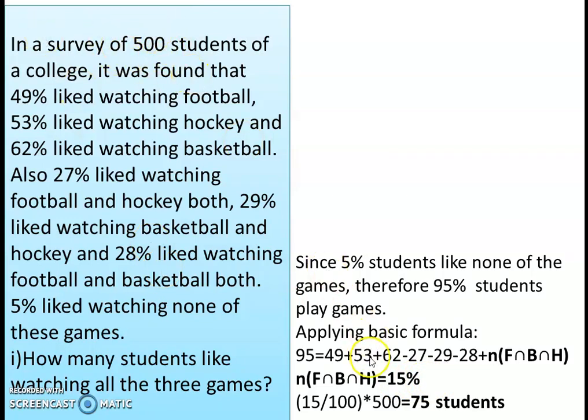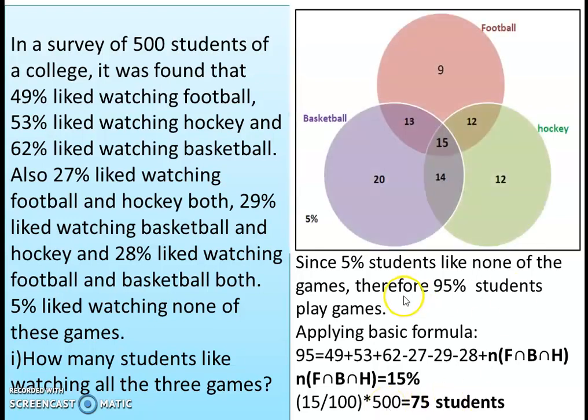So when we calculate 15% of 500, it is 75, right? So for this Venn diagram, we can draw it like this. Now each percentage is known. So once the Venn diagram is complete, we can calculate any percentage of students.